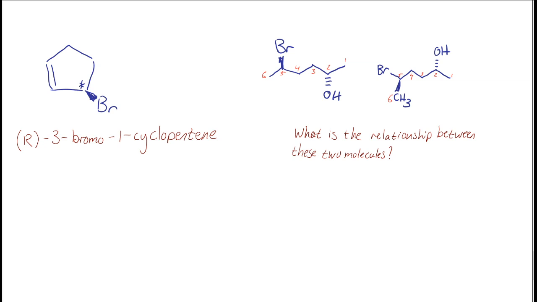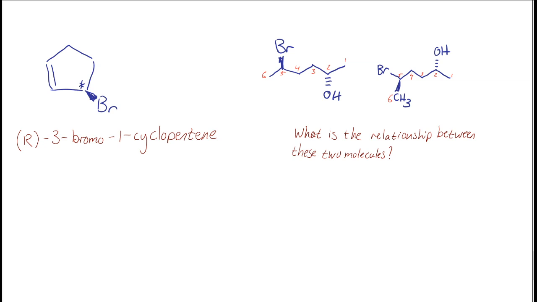All right, so one way that we can determine that is we can actually manipulate the structure to put them in a more similar place. So we can rotate that bond between carbon 4 and carbon 5 to put that CH3 back over on the left, and then we can flip the whole structure over. That's fine.